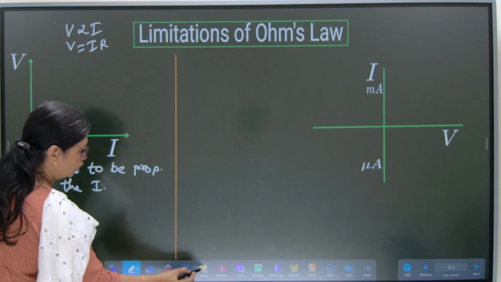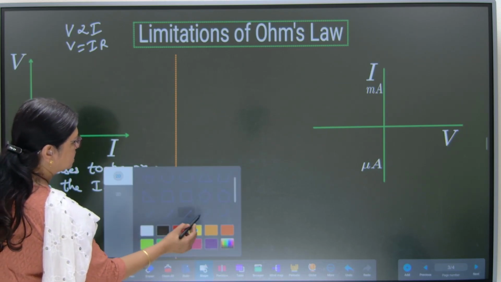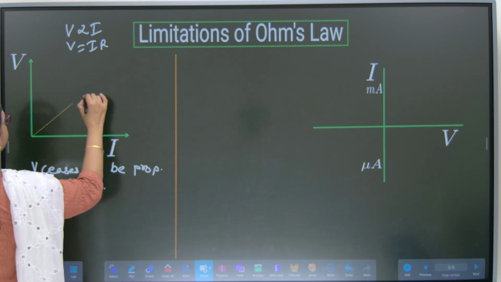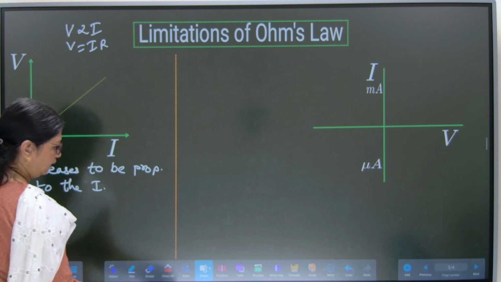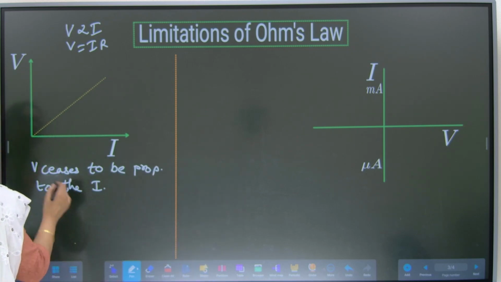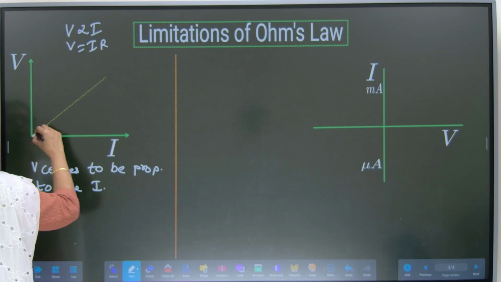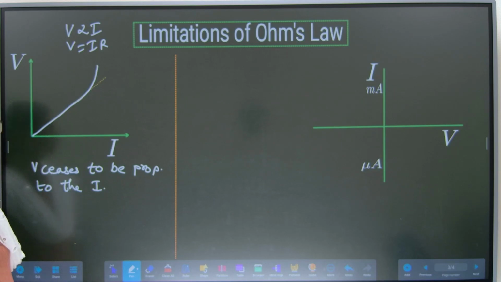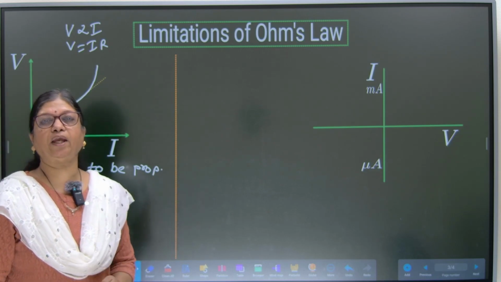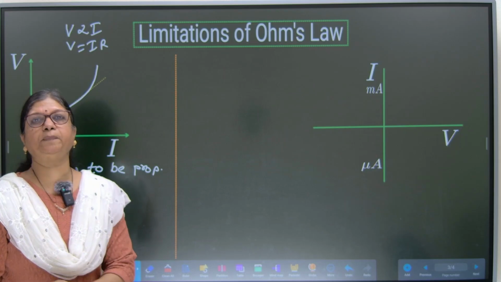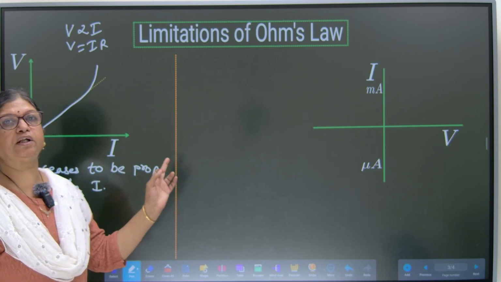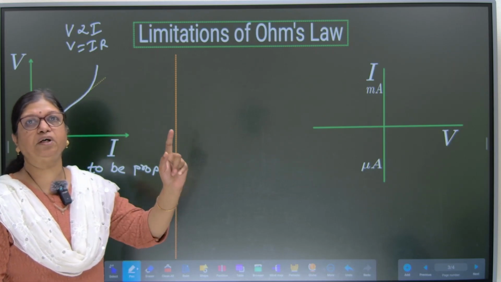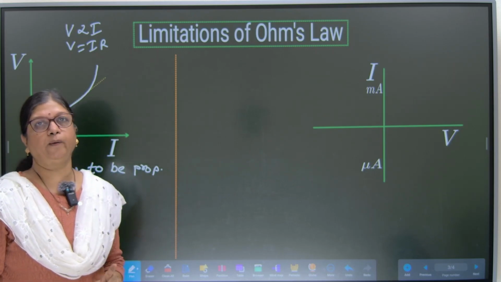Under normal conditions, we must get a straight line graph. Instead, we get a straight line up to a certain limit, and then the proportionality goes away. V ceases to be proportional to I as the value of the current increases, and we get a different shape of graph. This is the first limitation of Ohm's law.